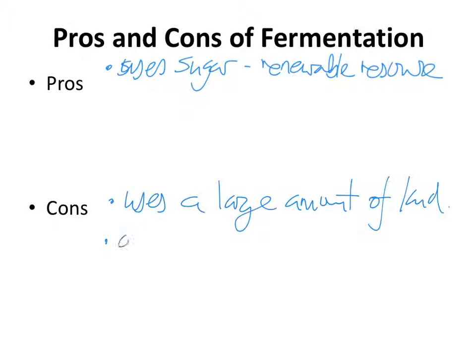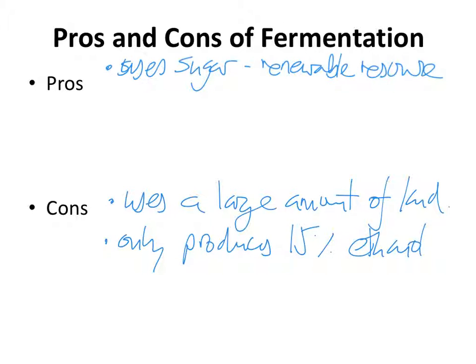It also only produces 15% ethanol. And that's a very valid con when you compare it later in your chemistry course to the other process of producing ethanol. So only 15% ethanol is produced, and then you need to distill it.